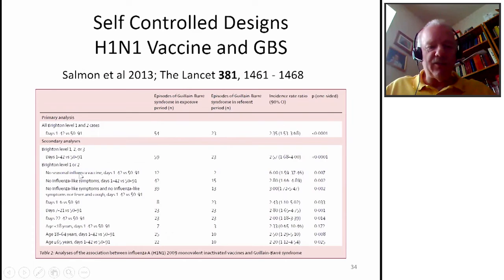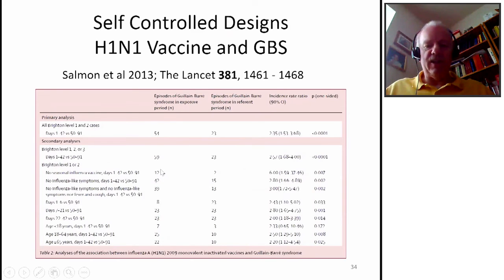Now, to address the idea that maybe it's the flu vaccine that's causing this, we looked at the people who got no flu vaccine. So these are the people who got no flu vaccine, and you can see there were 14 such people, and 12 of them, 12 out of 14, got the Guillain-Barré within 42 days after the vaccination.